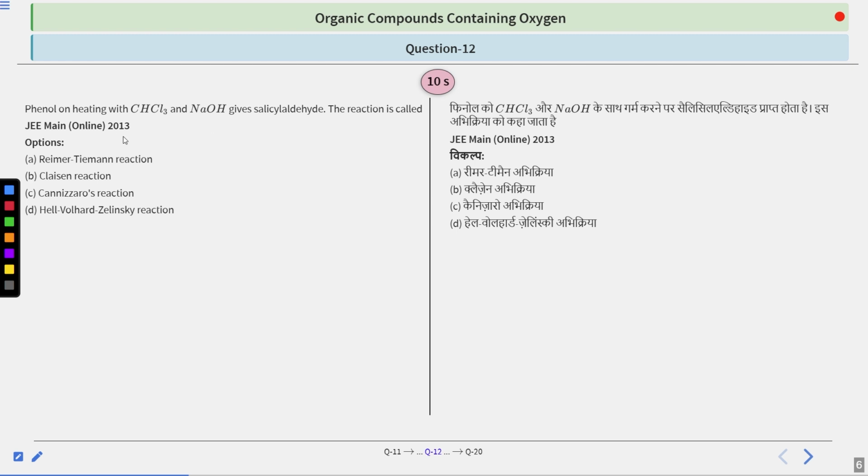This question was asked in JEE Mains online mode in 2013. Options are Reimer-Tiemann reaction, Claisen reaction, Kolbe-Schmitt reaction, or Hell-Volhard-Zelinsky reaction. You have some time to think about this question. After that, we will see the answer.